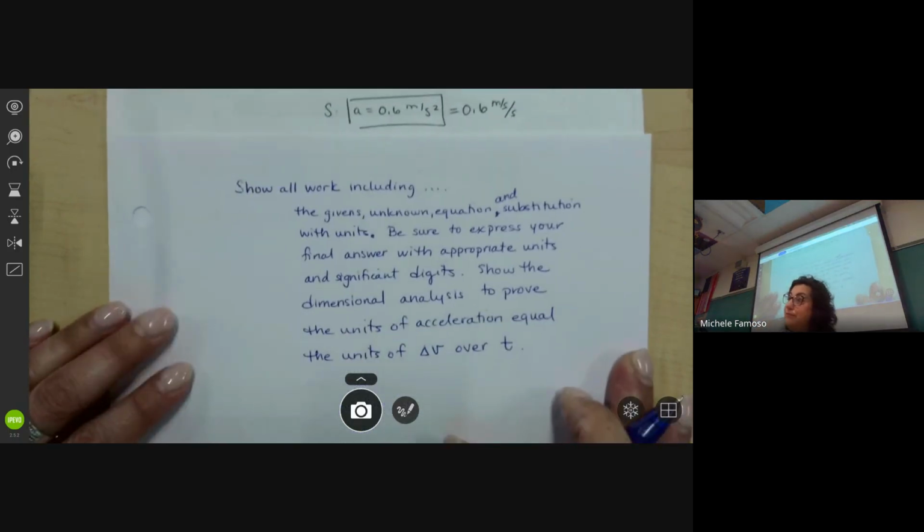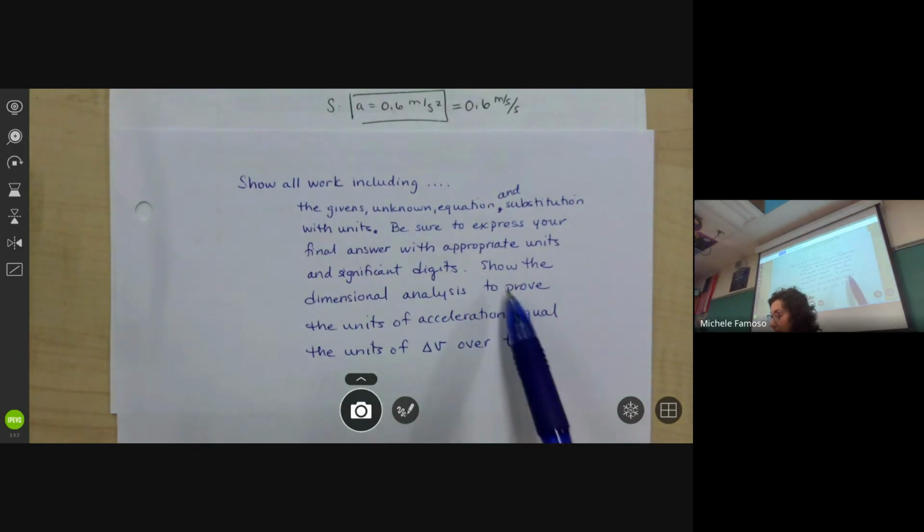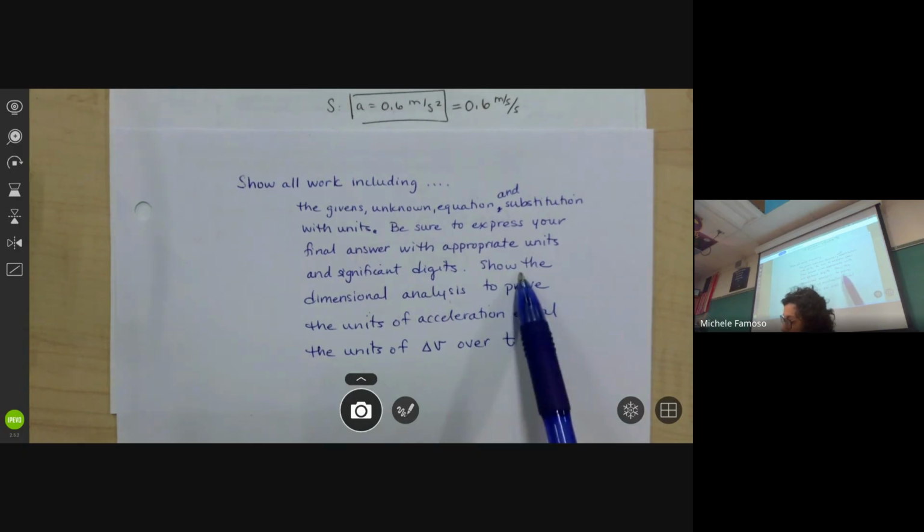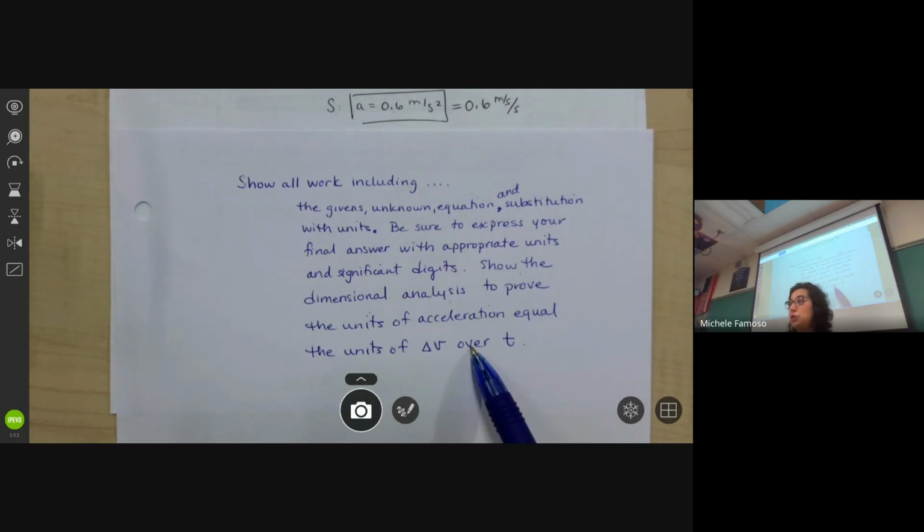Something like that. So if I say that I want to see dimensional analysis, you see that phrase, and it will tell you, prove that this equals this. Then you show it. If I don't say you have to show the dimensional analysis, you don't need to do it. If you do it, you would not lose credit. You're just wasting time on the test where you could be doing other problems that are actually going to be graded. You follow what I'm saying?